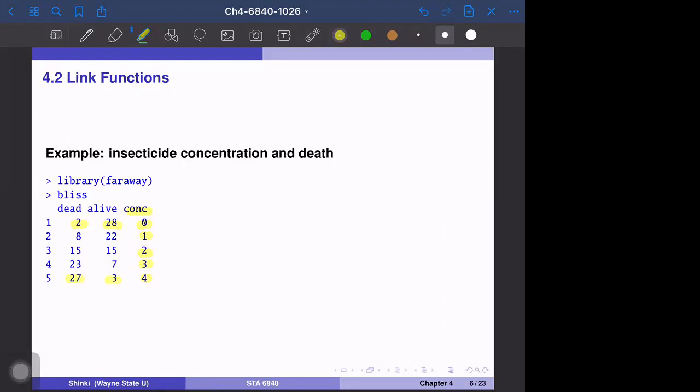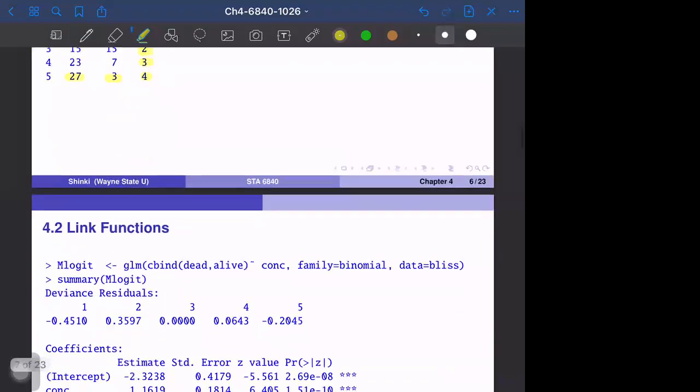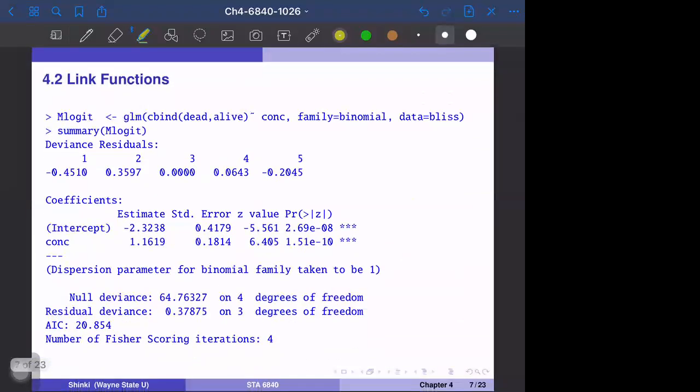So only 10% survive. And we want to see what's the difference when we fit the logit, the probit, the cauchit and the complementary log-log transformation in a binary regression model.